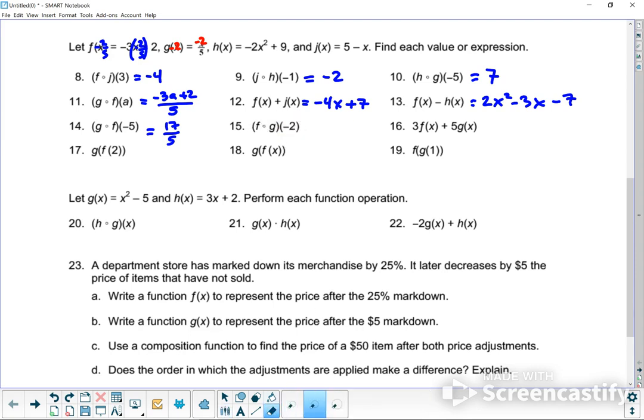So f of negative 2/5 is going to be negative 3 and negative 2/5 makes positive 6/5. And that's plus 2. Combine it, you can use a calculator, but unfortunately I don't have a calculator.